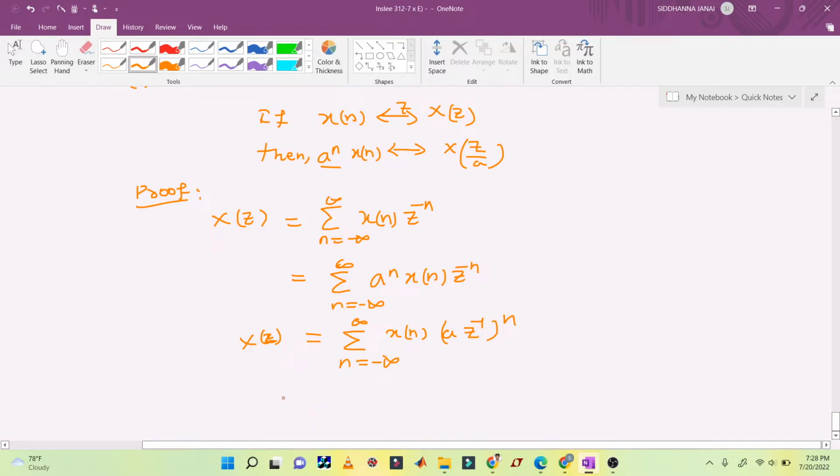Now let us replace n by minus m. Let n is equal to minus m. Then what we'll get?